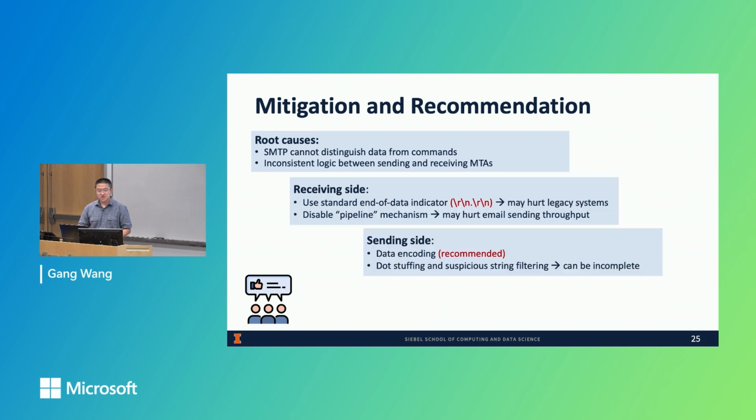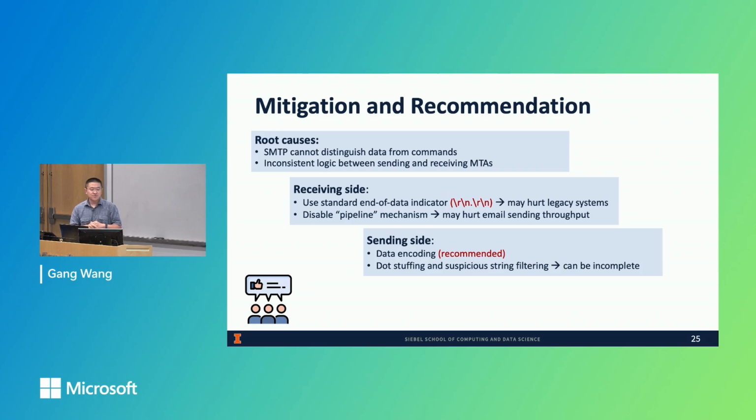In terms of mitigations and recommendations, the fundamental root cause is that SMTP operates on plain text and cannot distinguish data from commands. Very classic issue. And there is also inconsistent logic between sending and receiving servers in handling those end-of-data indicators, to accommodate legacy systems.